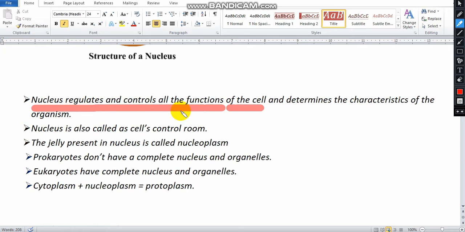In humans, we all know that the brain controls all the functions, whatever function we do. Like that only in the cell, which is microscopic, the nucleus regulates and controls and determines the characteristics of the organism. You may have a doubt how a small nucleus which is microscopic will determine the characteristics of the organism.